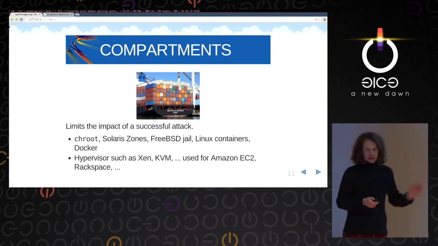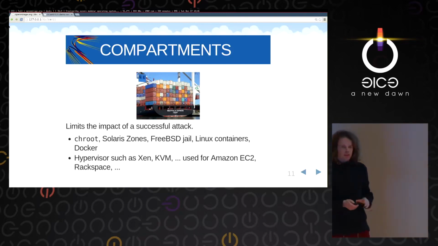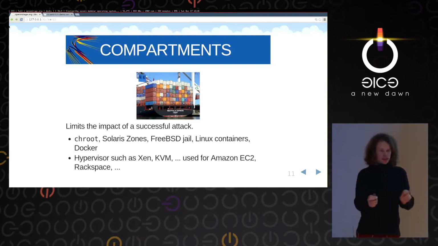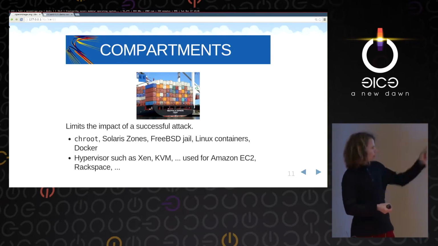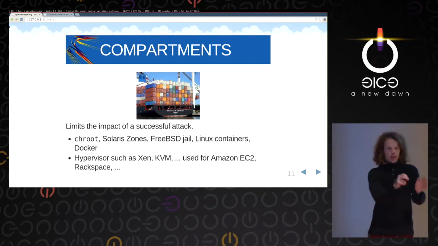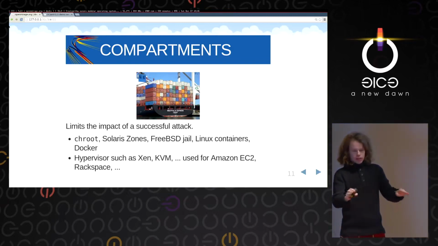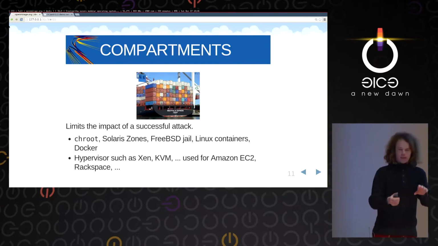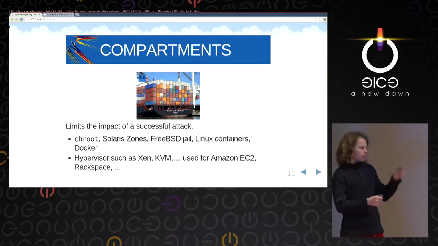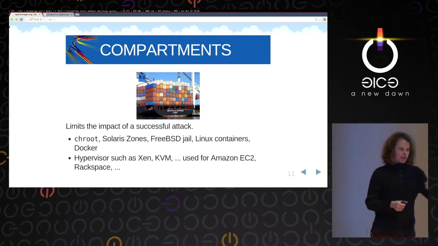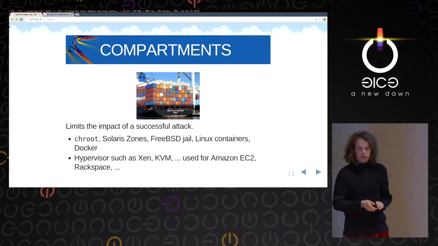Then we also have Solaris zones, FreeBSD jails, and Linux containers, which are more lightweight virtualization, currently hyped through Docker. And on the other side, we have the approach where you only run the user space of an operating system. So you share the very same kernel, but you execute different C libraries and different service binaries.